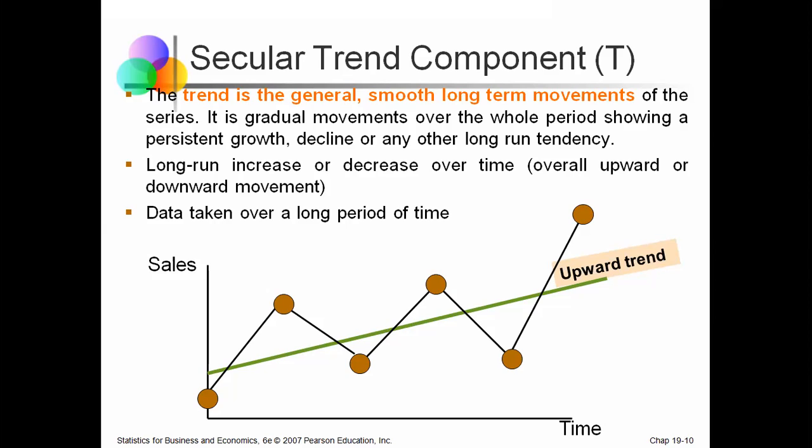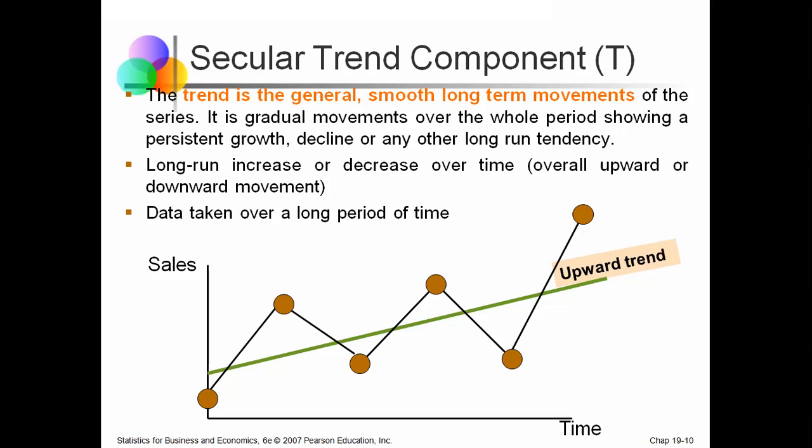There is an overall upward or downward movement. For example, from 1950 to 2020, if the data you have taken is an increasing trend, then automatically there is an overall upward movement. Overall, the variable value in the time series shows an upward bias in data taken over a long period of time.